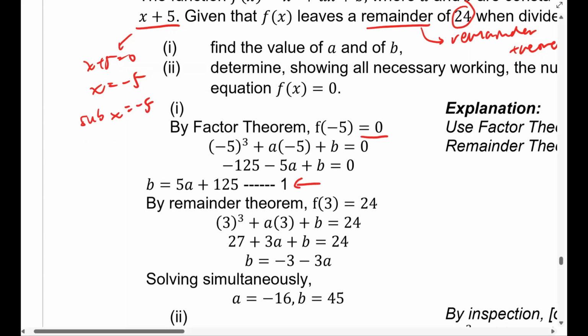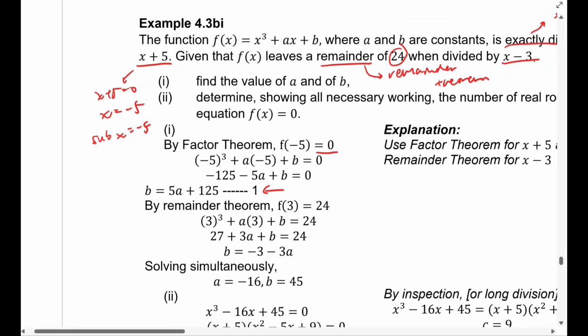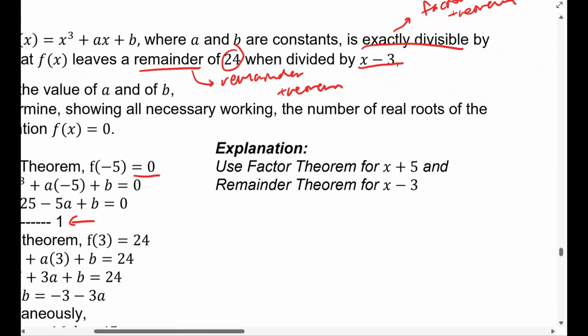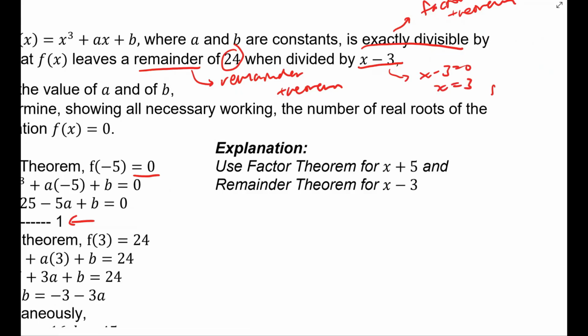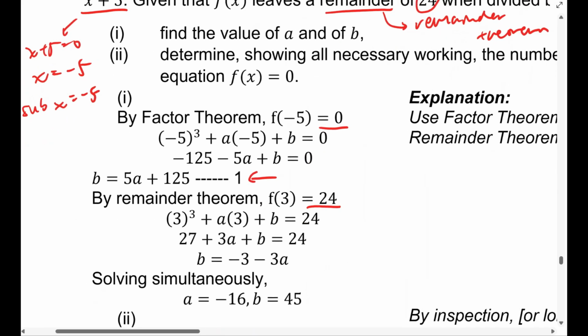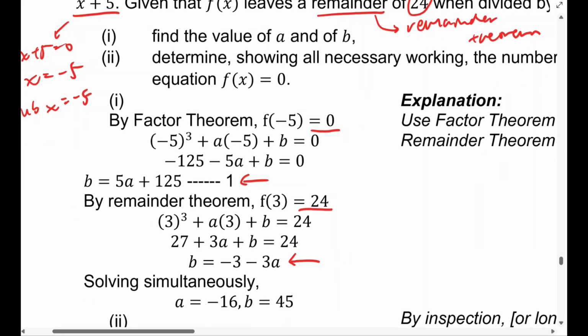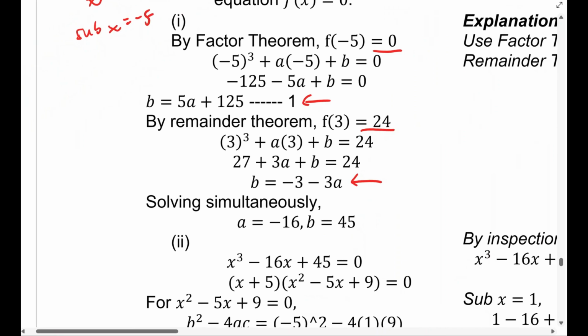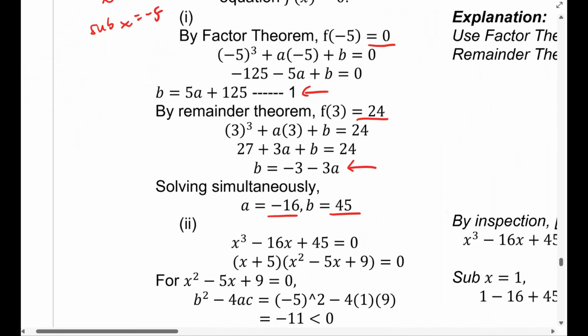Then by remainder theorem, from the divisor that we got, equate it to 0, x equals 3. So we know to sub x equals 3, and then equate it to our remainder of 24. That's how we use the remainder theorem, and then we'll get our second equation. So solving simultaneously, you will get a equals minus 16 and b equals 45.